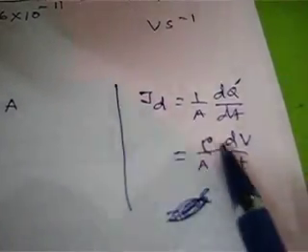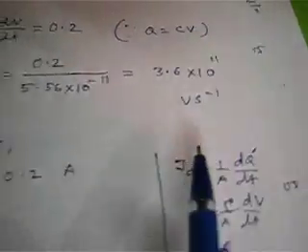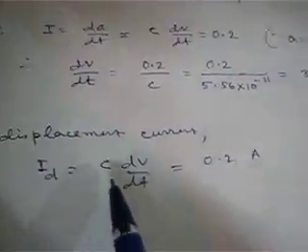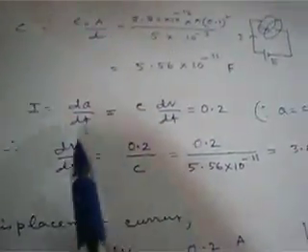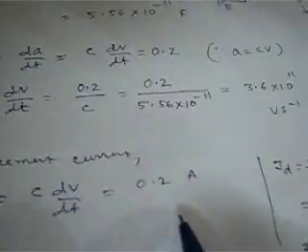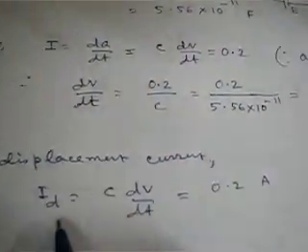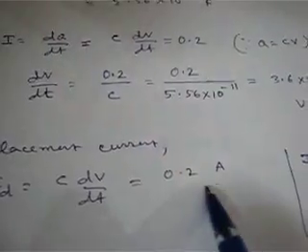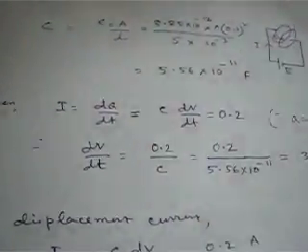So displacement current means J_D into A. That is the displacement current. So C dV/dt, from this relation, means 0.2. So displacement current is found to be 0.2 ampere. So it is clear that displacement current and conduction current have the same value.